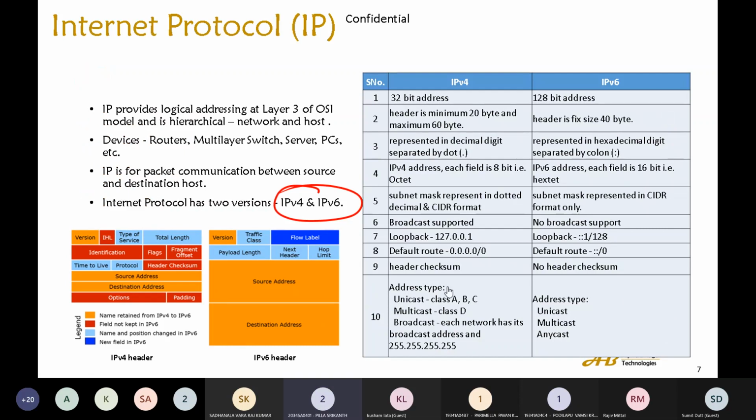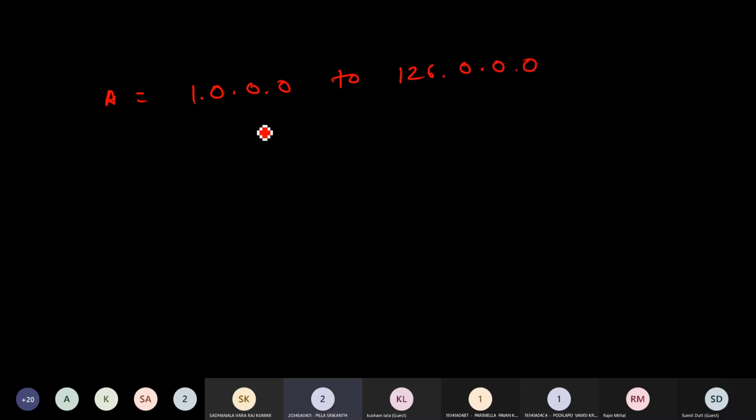Class A will start from 1.0.0.0 to 126.0.0.0. Can you tell me the number of network bits and host bits here in class A?